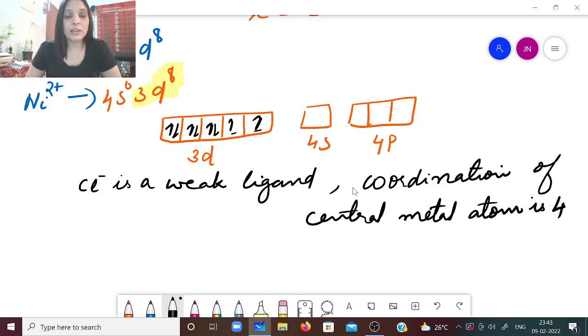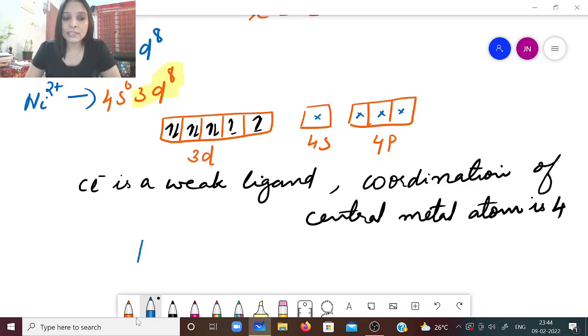Clear? So nickel should be able to accept the electrons from chloride. How many chlorides are there? 4 chlorides. So nickel should have 4 hybridized orbitals. Here, 4 hybridized orbitals means 4 empty individual orbitals should be there. Which are the 4 empty individual orbitals? 1, 2, 3, 4. These are the empty orbitals.